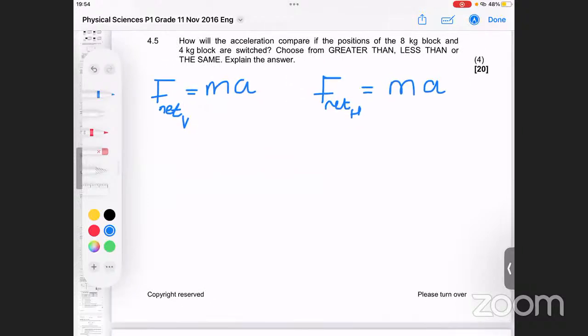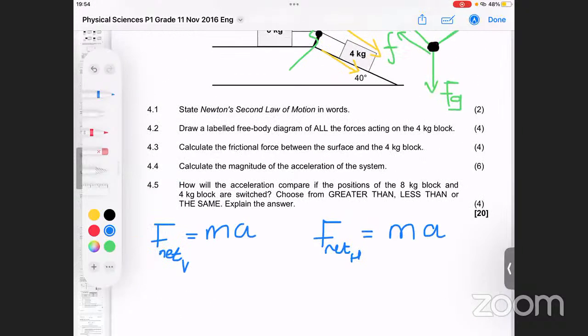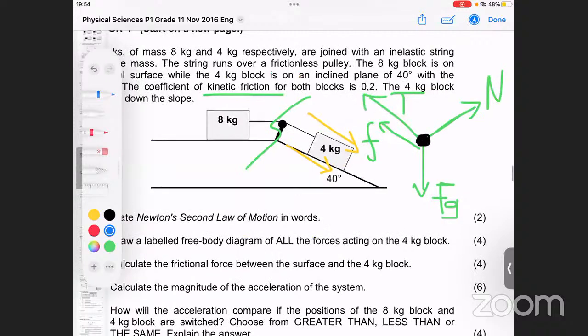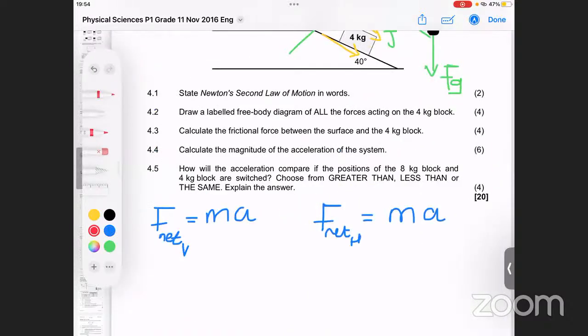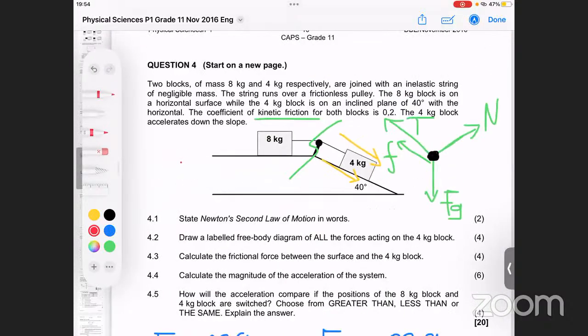Check it from your notes, where we said we can have a drawing or a free labeled body diagram for the purpose of calculations. Do you guys still remember? Yes, sir. We have tension in that direction, and again we have friction in that direction.